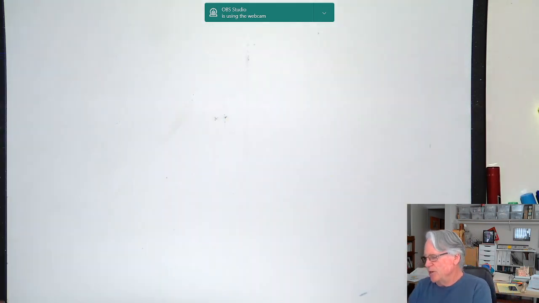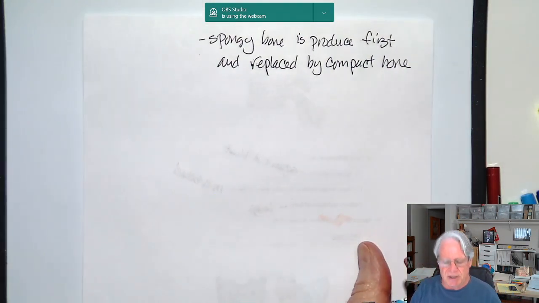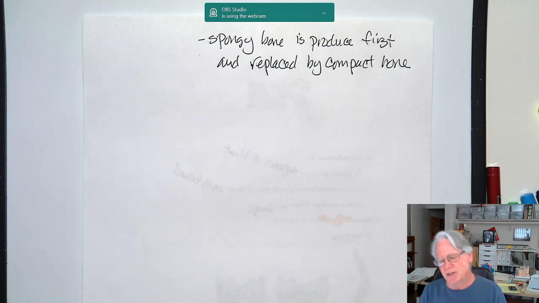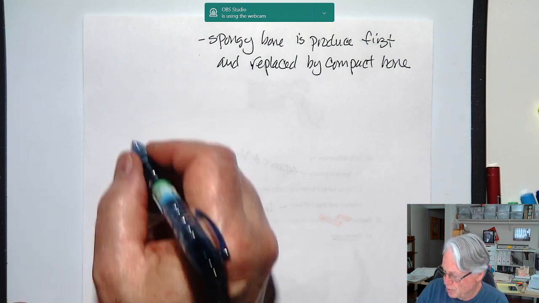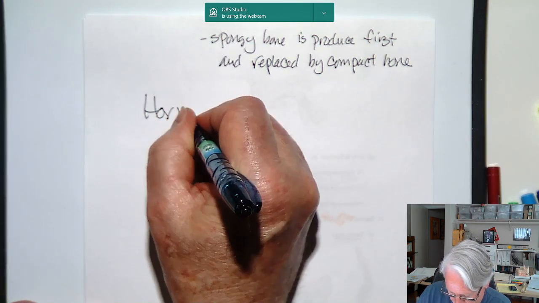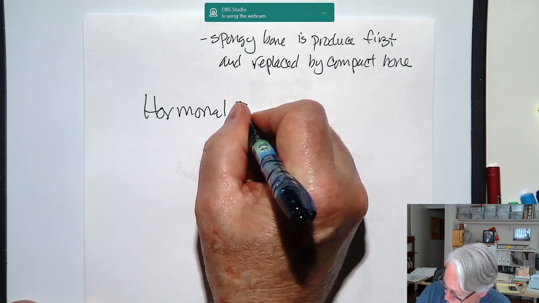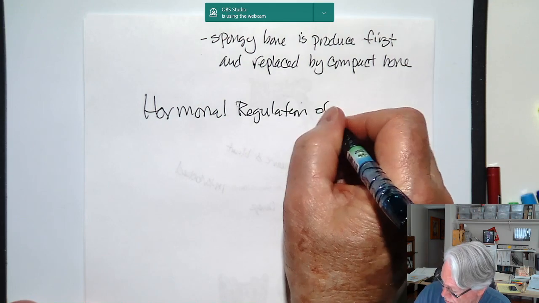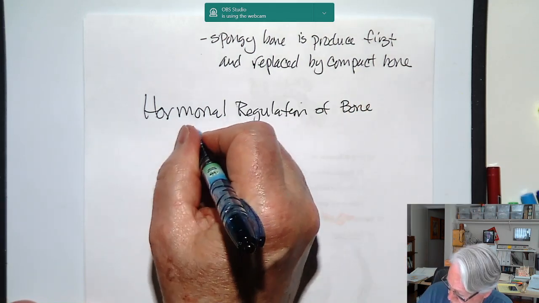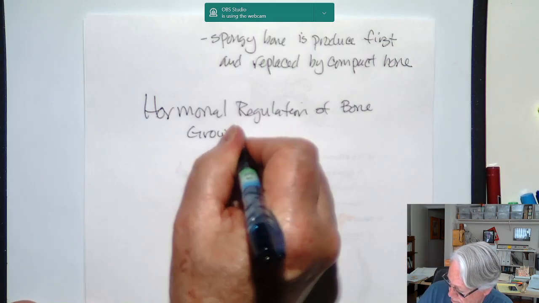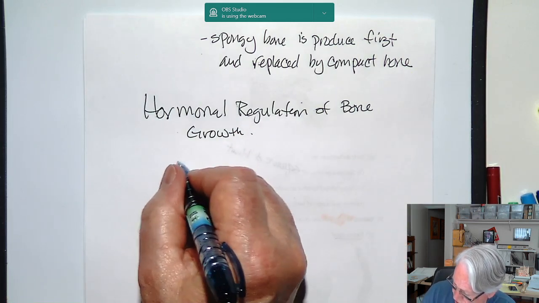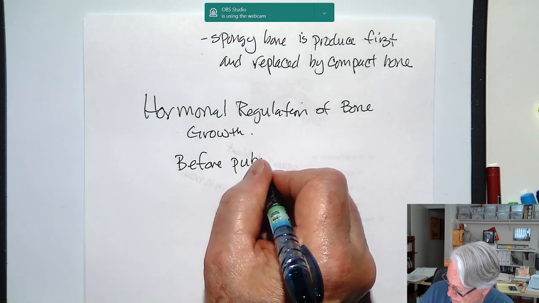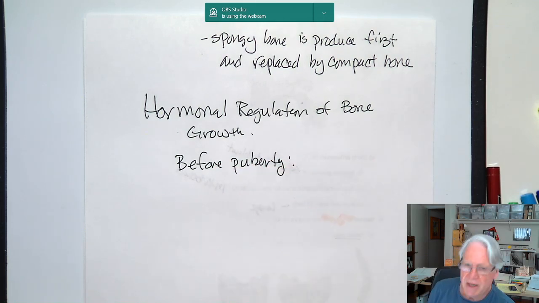Let's talk a little bit about hormonal control of this process. We're not going to spend a lot of time here. You will see more of this when you get into 40C and talk about the endocrine system. So, hormonal regulation of bone growth. We're going to divide this into two periods: before puberty and after puberty.